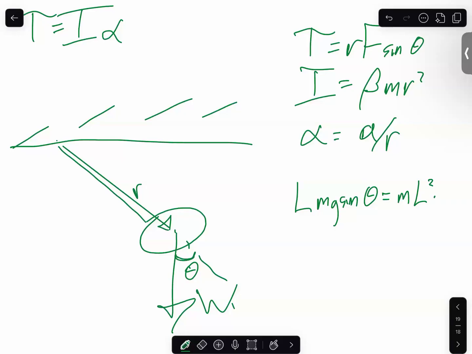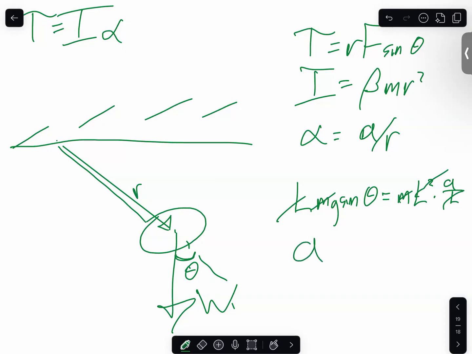Times alpha, which is related to the acceleration of the object by a over r, and r is L. So the acceleration in the angular direction: L on the left, L squared over L on the right, m on the left, m on the right.